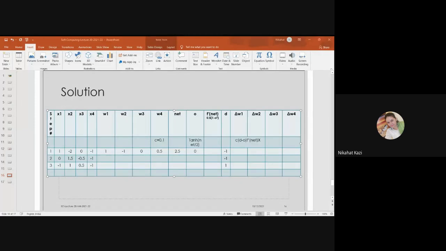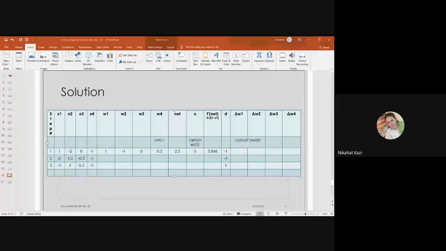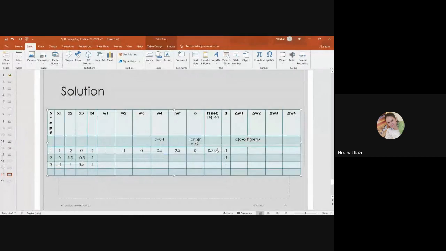Are you getting it as 0.848? Yes, ma'am, I am also computing along with you. Please be in the habit of using the calculator, because it will take a while to solve problems. So you need practice.